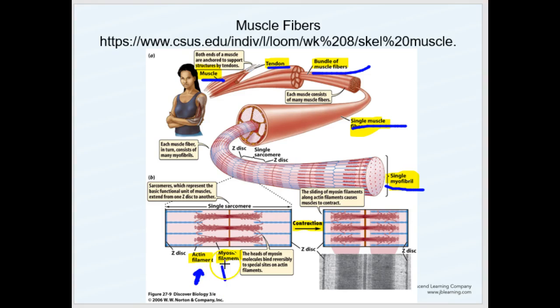Actin is thin, myosin is thick, and myosin has little hinges that attach to the actin. When the muscle contracts, those hinges pull the actin fibers in, shortening the entire length of the muscle. Hopefully that makes sense. Once again, there's a ton more, but I'm just trying to give you a general working knowledge of that. And then that'll shorten the full length of that muscle.